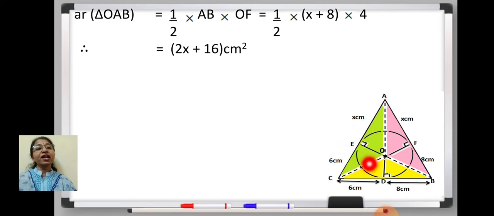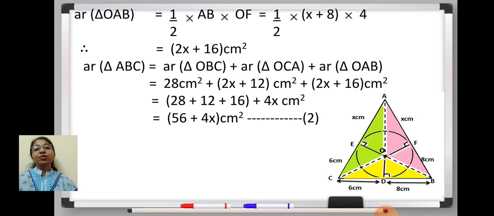And what is their addition? Their addition is nothing but the area of the complete triangle ABC. So let us add them. Therefore the area of triangle ABC is equal to the area of triangle OBC plus the area of triangle OCA plus the area of triangle OAB. Now substitute the values.